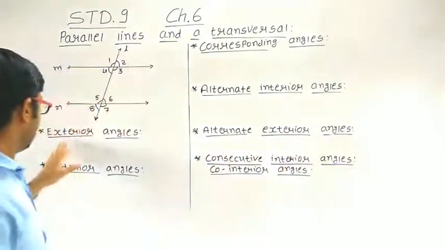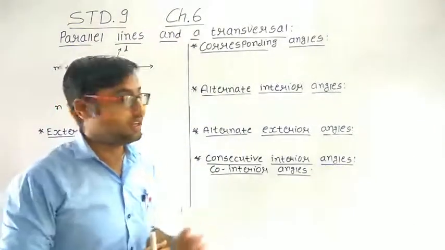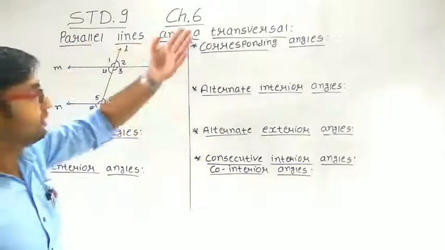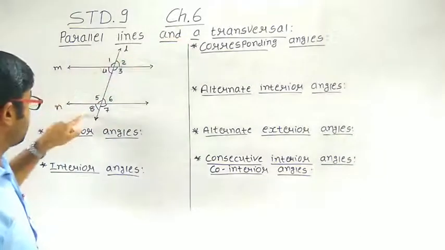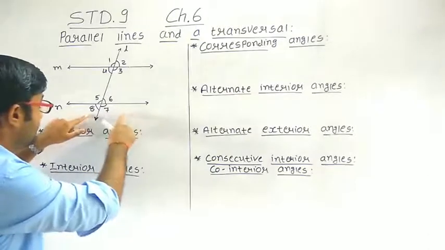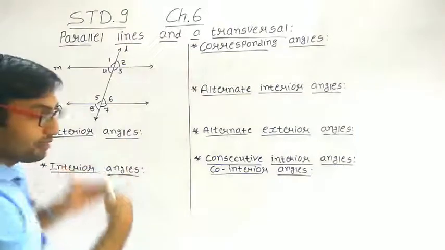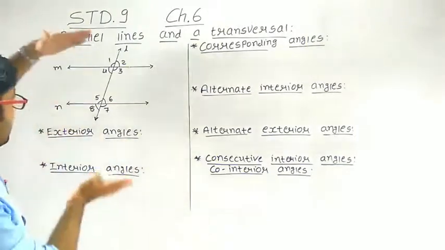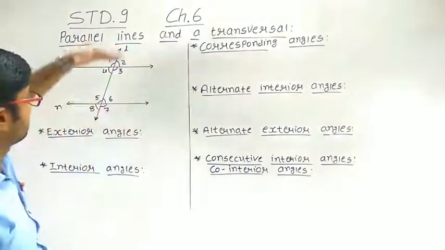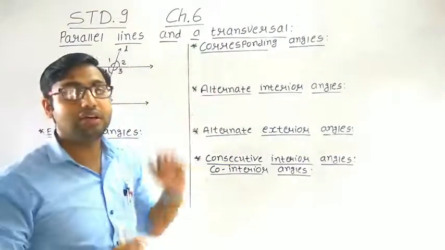First of all, let us understand exterior angles. Which angles are called the exterior angles? See, these angles 1 and 2 are upside of the line, and 7 and 8 are the downside of the line. These angles are the exterior angles because they are not inside of the two lines M and N; they are on the exterior part.